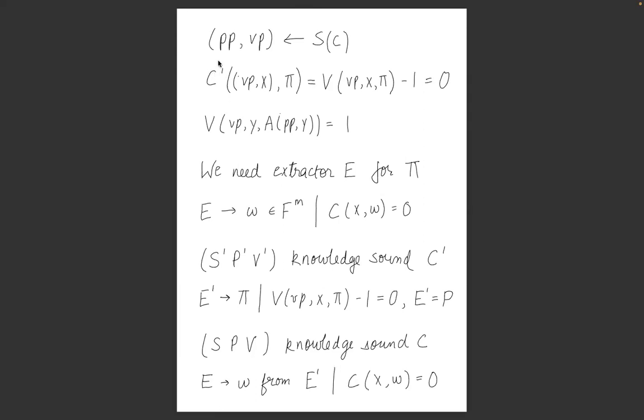Before that, as I mentioned, the outer proof verifies the circuit, which is the same as the verification circuit of the inner proof. So now we have to convince ourselves that we have some extractor which can extract the witness which was originally fed into the inner proof system.